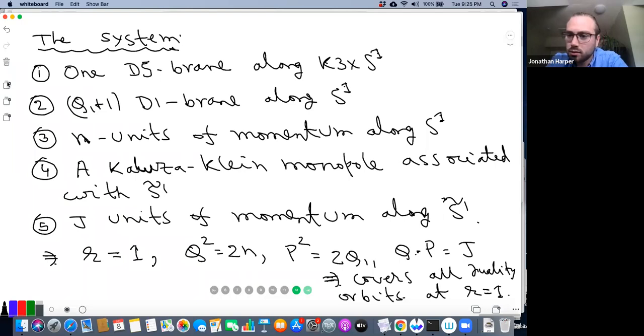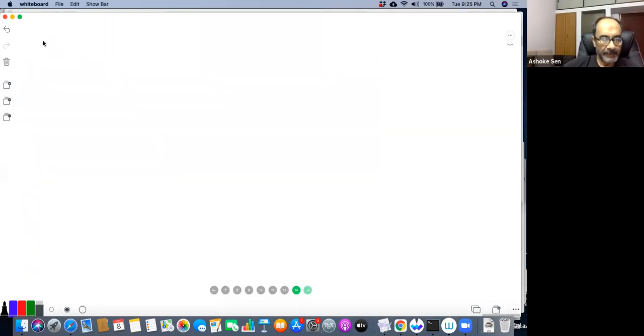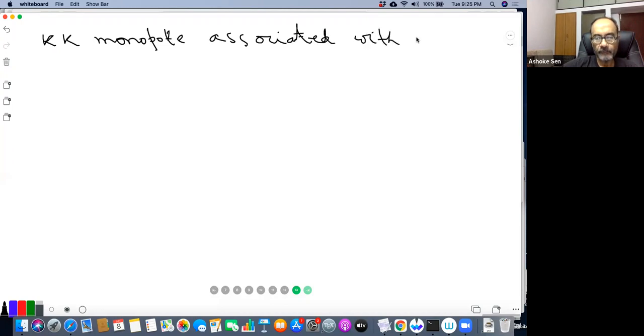Can you explain how this restricts you to R equals 1? Okay, so let me now say what is the Kaluza-Klein monopole, because this is something that may not be familiar. So KK monopole associated with S1 tilde. Let's say S1 tilde has coordinate x4.